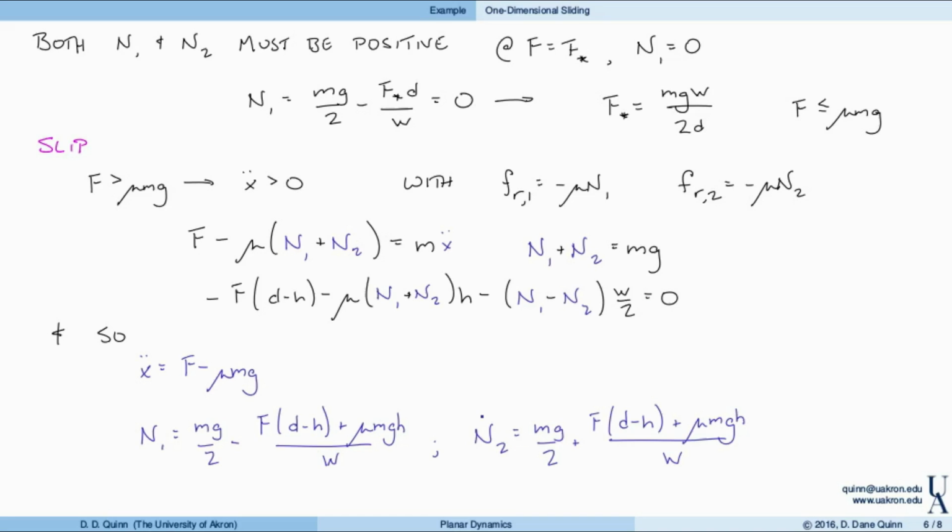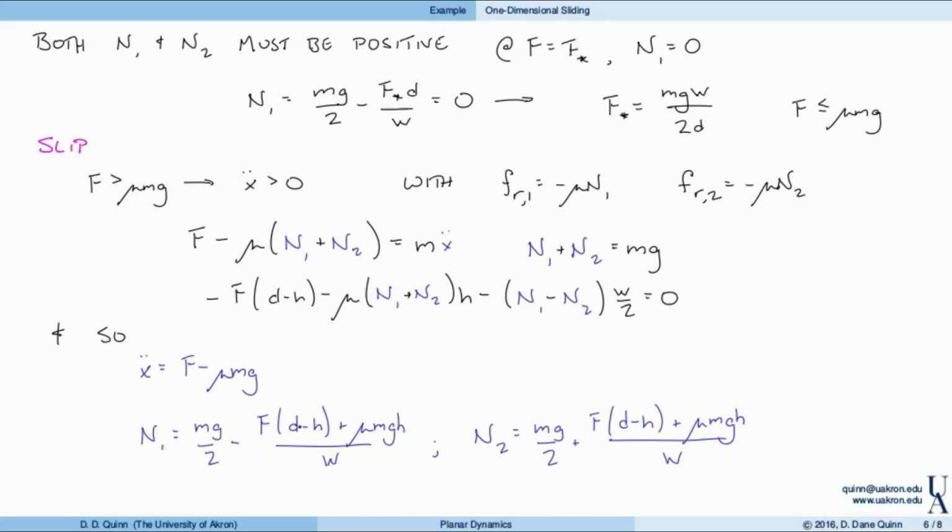So now, as before, both N1 and N2 have to be positive for steady sliding. It's a little more complicated in this case than it was for stick, because either one of these two things could possibly vanish depending on the sign of d minus h.